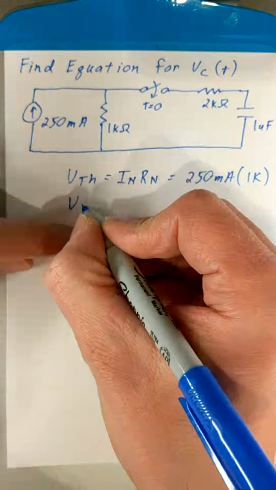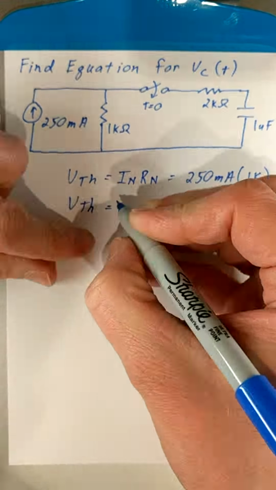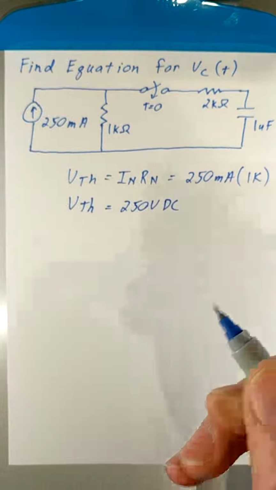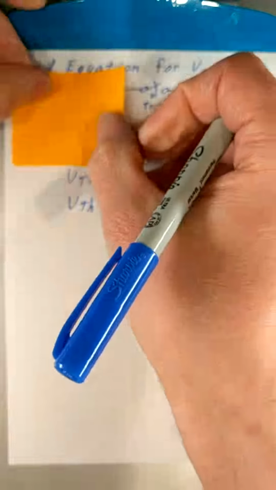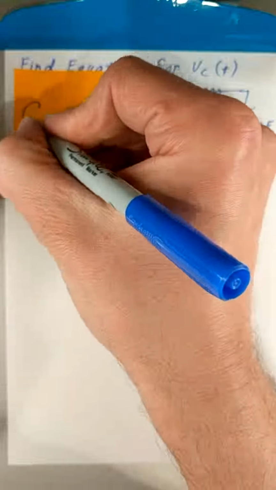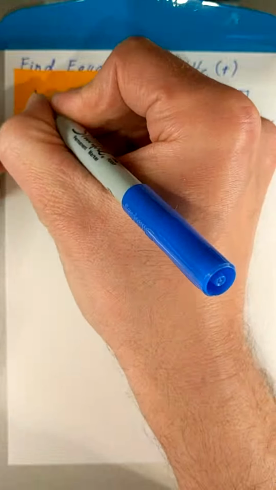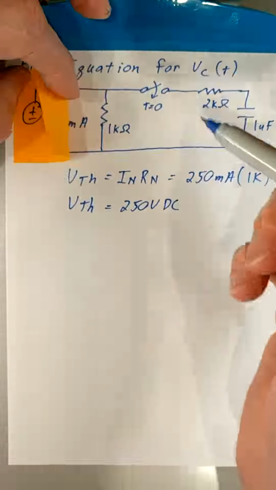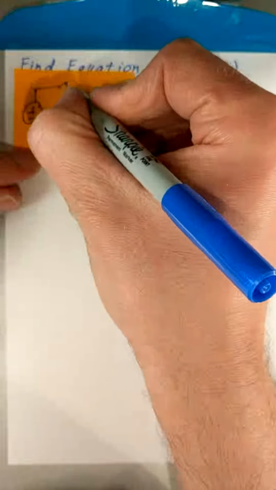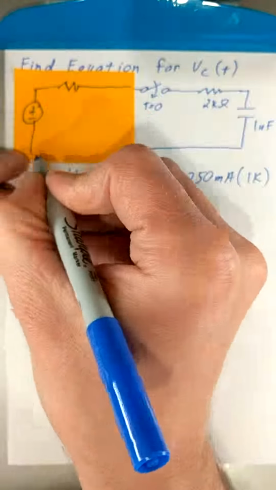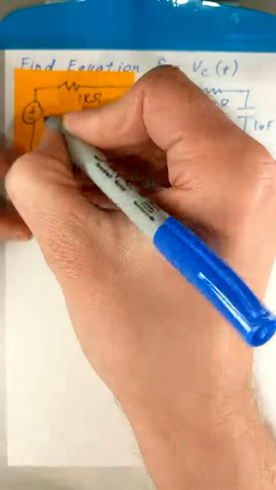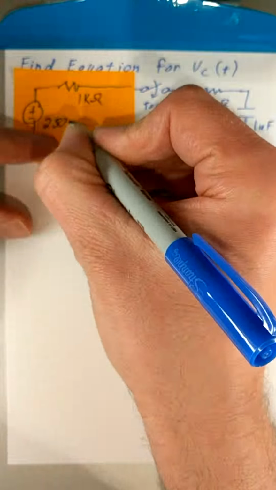So the Thevenin voltage is equal to 250 volts DC. What we'll do now is replace this part of the circuit with the Thevenin source. By the way, the Thevenin resistance is equal to the Norton resistance, so we'll put that 1K resistor up here. And we said this was 250 volts.